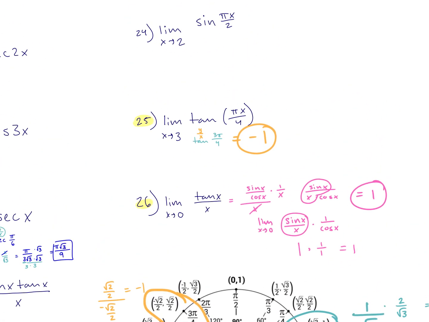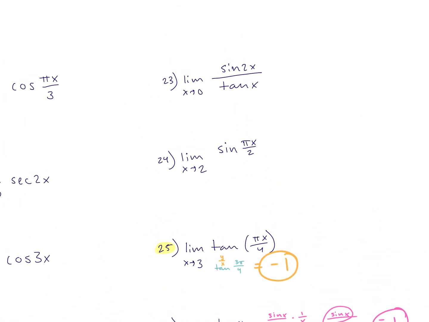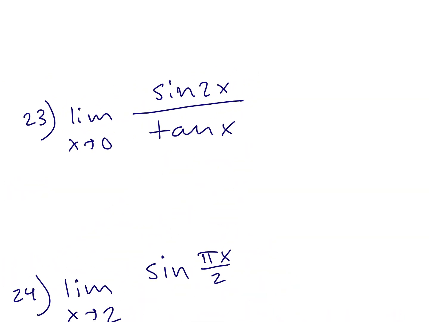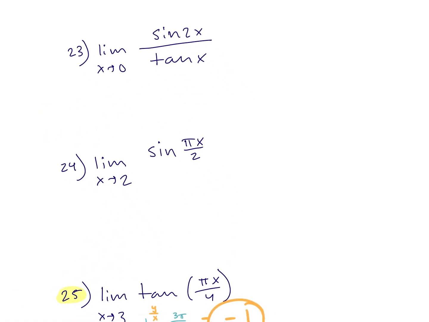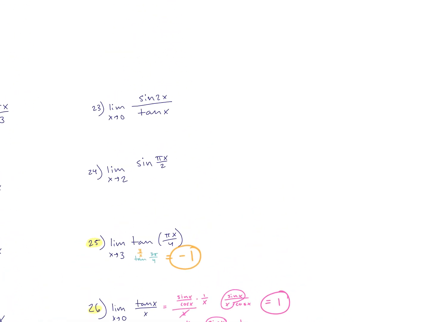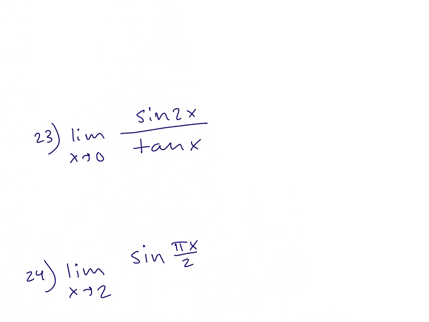All right, let's do, Anya, you said 23? Let's look at 23. So if I plug in 0, what happens when we plug in 0 into our denominator? Tangent of 0 would be 0 over 1. So it gives us undefined. So let's simplify.